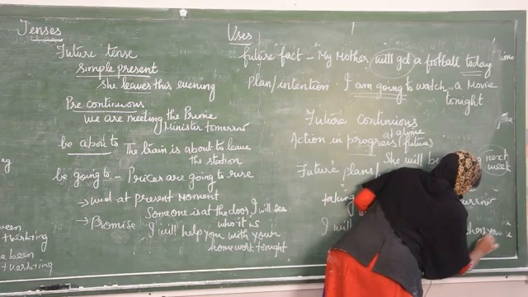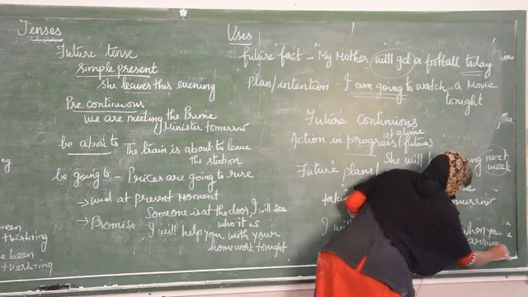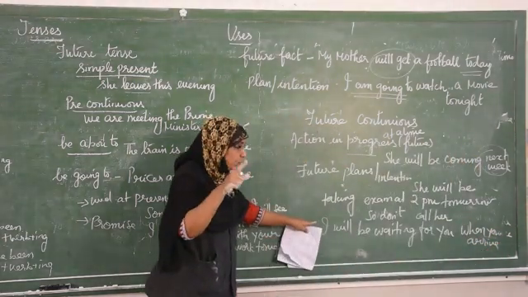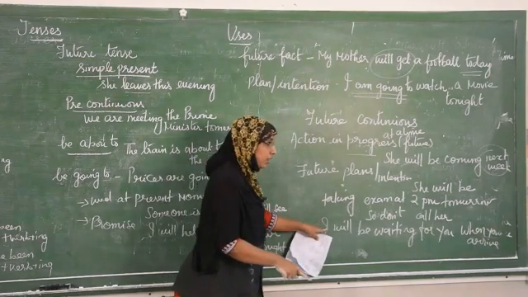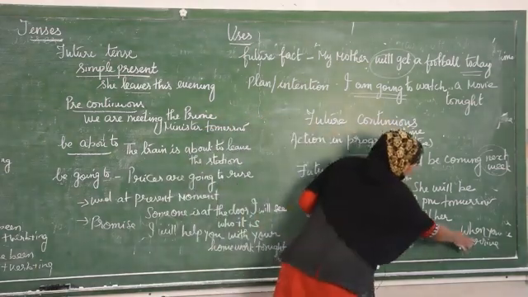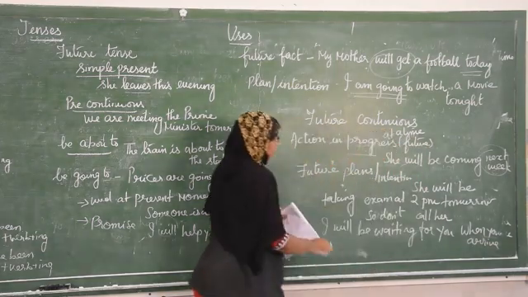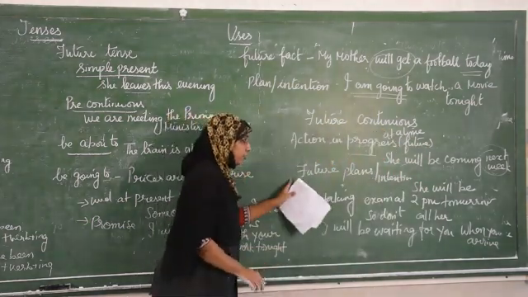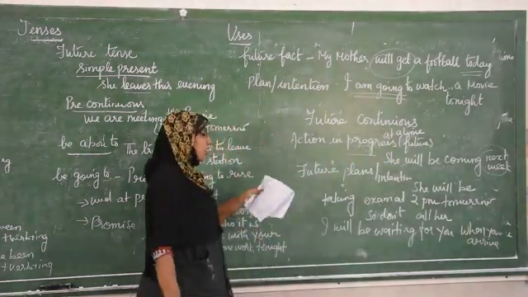That means what? What will you be doing in the future? You will be waiting for someone when he or she arrives there. So it refers to the action which will be going on in the future.